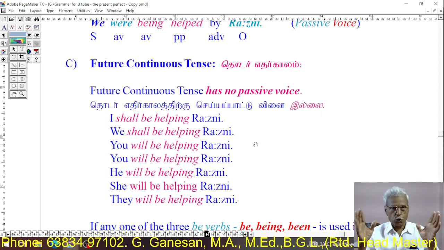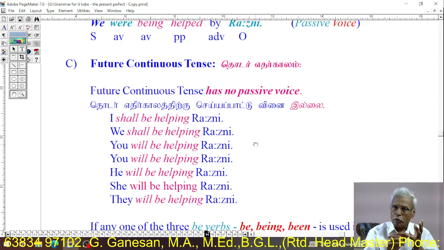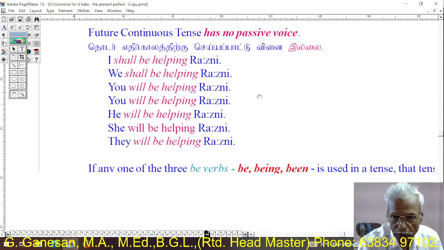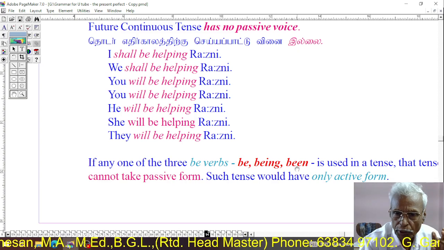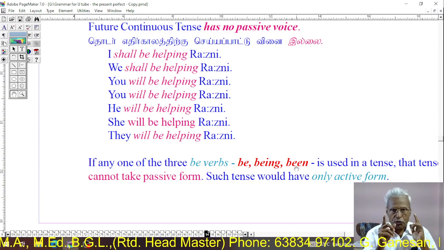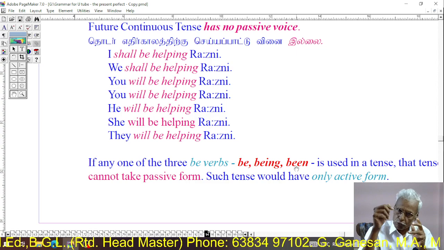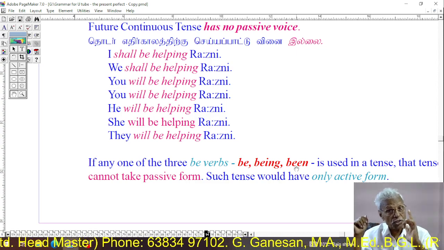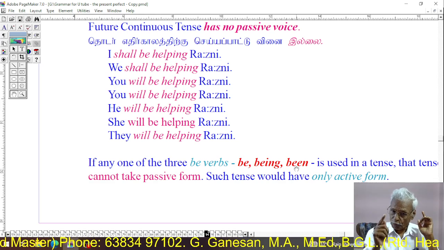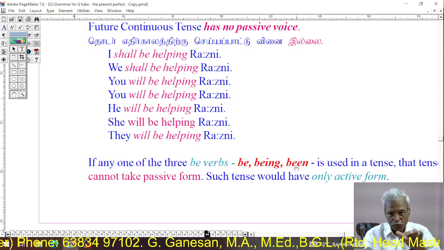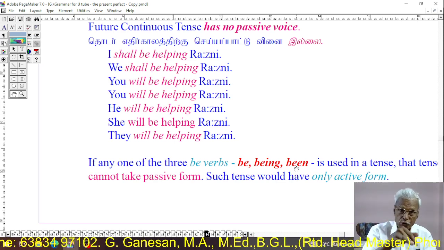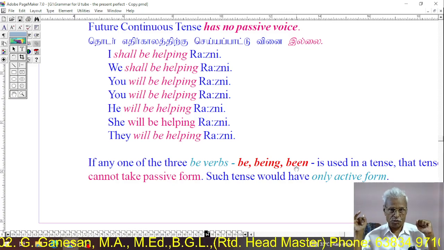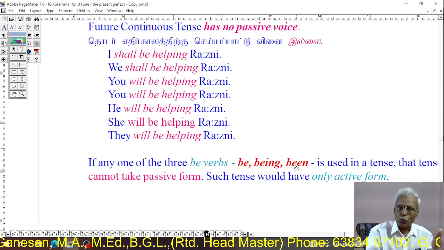See, dear students, out of the three be verbs, be, being, been, if any one of these three be verbs has been used in a tense in the active voice, that tense has only active voice.